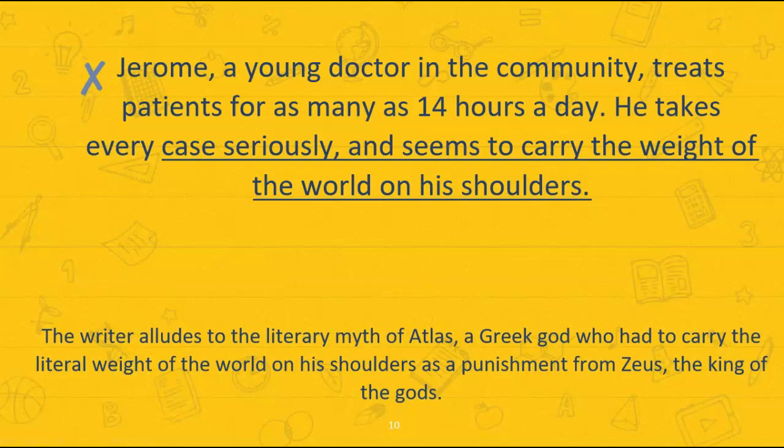Atlas was a Greek god who literally carried the weight of the world on his shoulders as a punishment from Zeus, who was the king of the gods. So by using this phrase that he carries the weight of the world on his shoulders, that's an allusion to a well-known literary or mythological story, which is the story of Atlas.